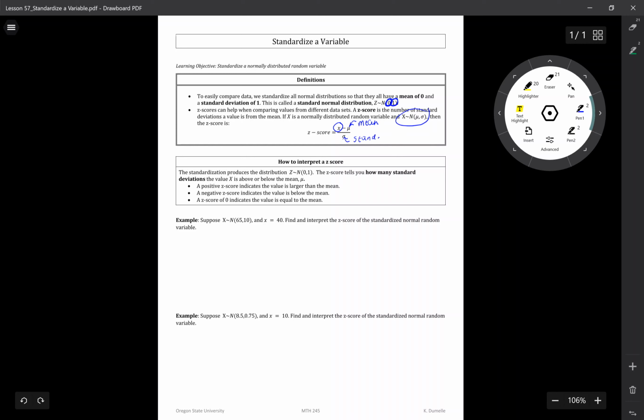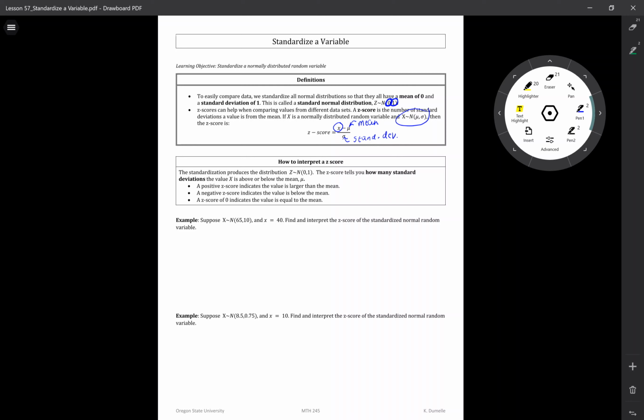This z-score tells me how many standard deviations away from the mean I am. This tells me how close to the mean I am and how I compare to other pieces of data.